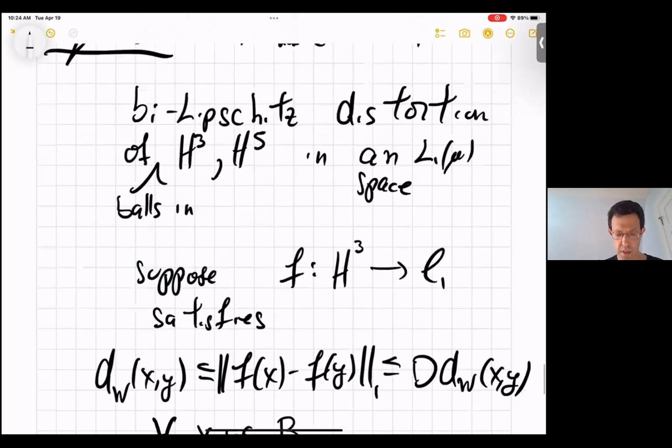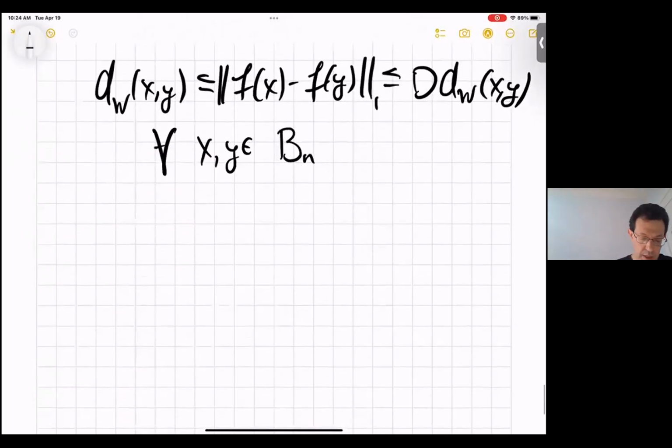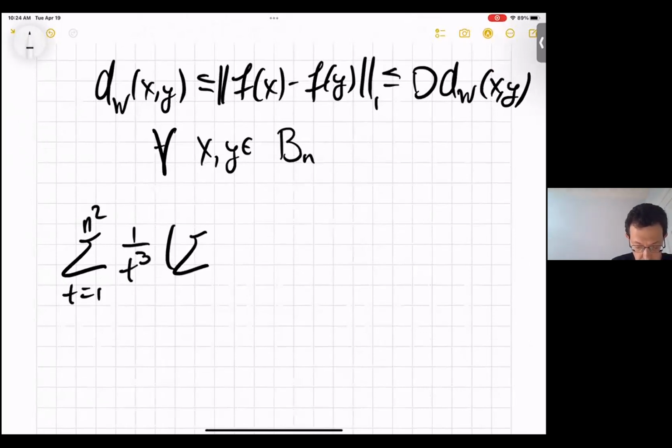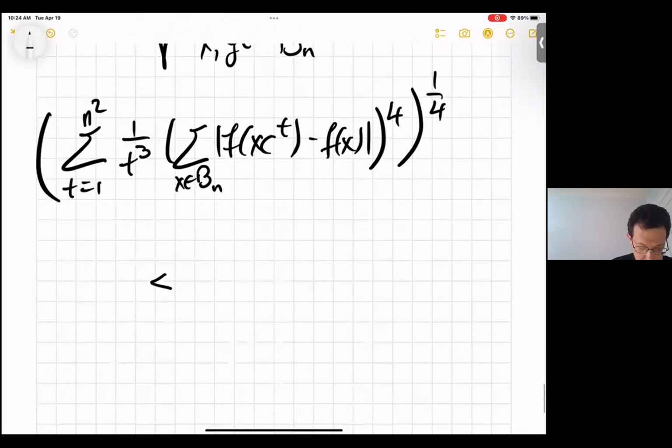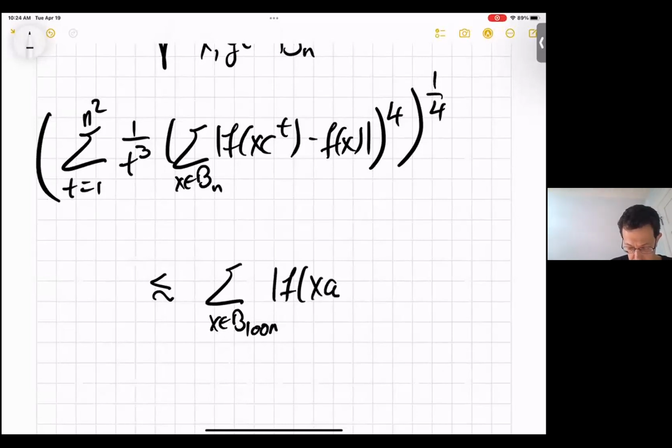So let's see why this is. Let's look at the inequality here. Maybe I'll rewrite it. Let's copy it. What was it? f of xa minus f of x.